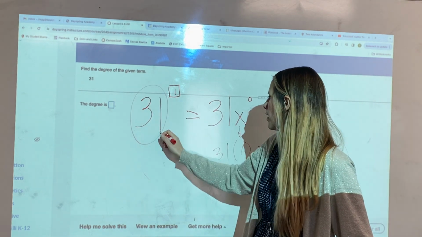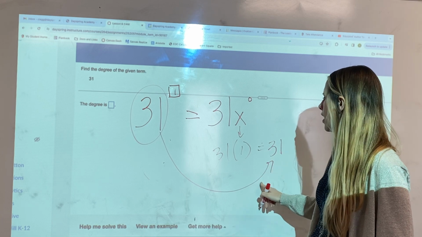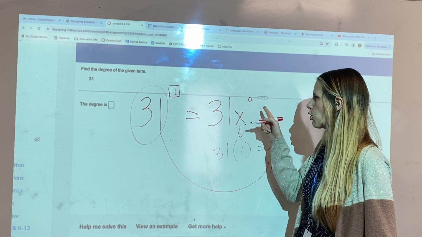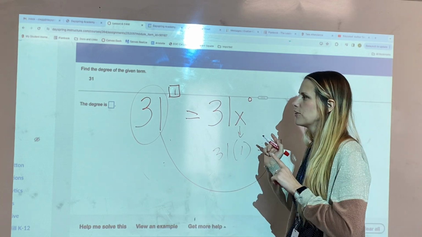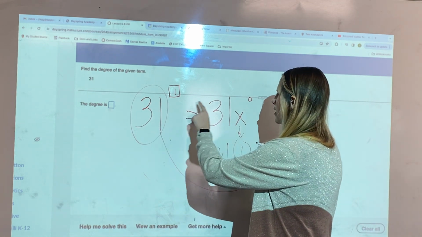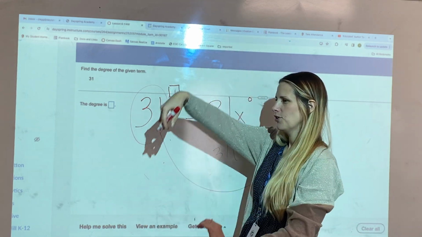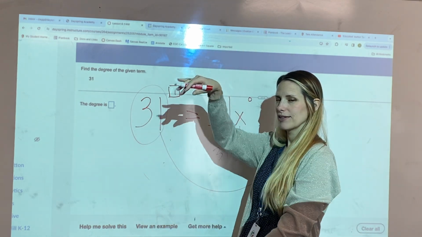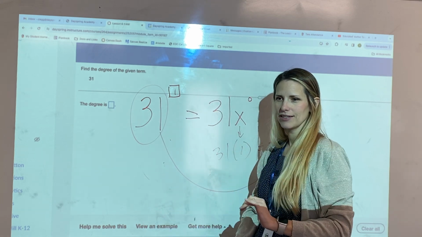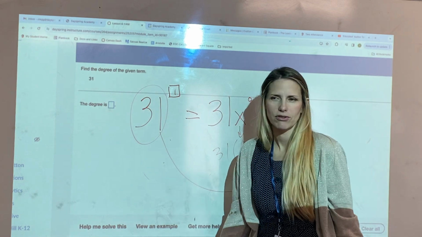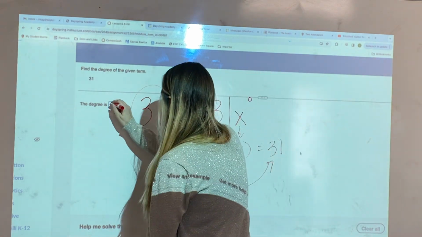So 31 is equal to 31, and it's also equal to 31 x to the 0 power. That's why the degree of this is 0, because there's an invisible variable with a degree of 0. Do you guys understand? But you can just memorize that all constants have a degree of 0. That's fine.